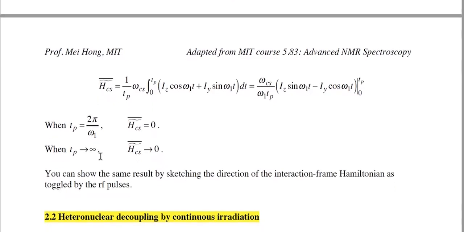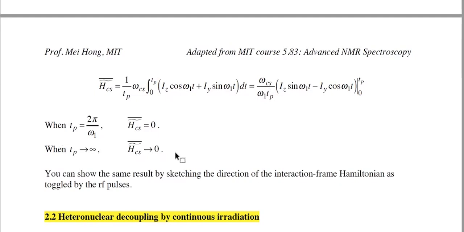But if my TP goes out very long and I'm not exactly watching whether it is integer multiples of the inverse omega 1, it doesn't matter very much, because even if it sticks out a little bit, it's a very tiny portion compared to how long my TP is, because in the end, I have to divide by TP. That's what average means. So this still approaches 0. So the average chemical shift interaction during spin lock is 0.